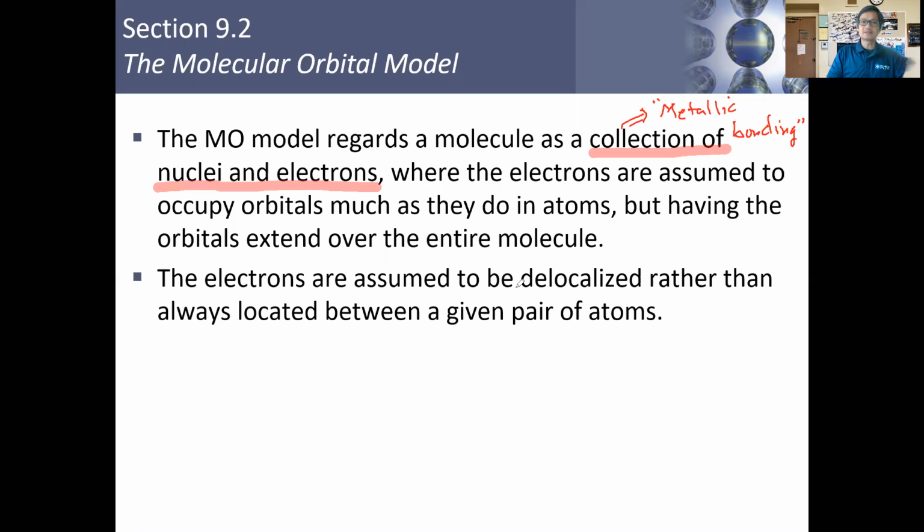To account for that, we have to discuss how these atomic orbitals change, what these molecular orbitals do, when they are incorporated into part of a molecule. If you understand how hybrid orbitals form, it's going to help you understand how these molecular orbitals form.